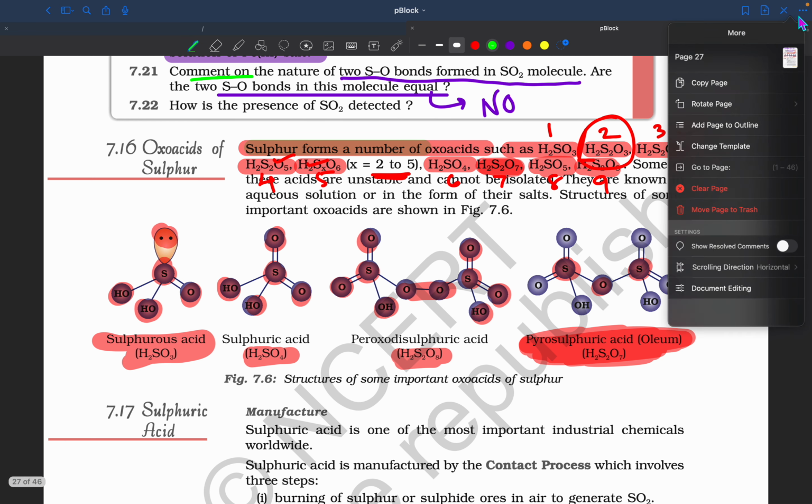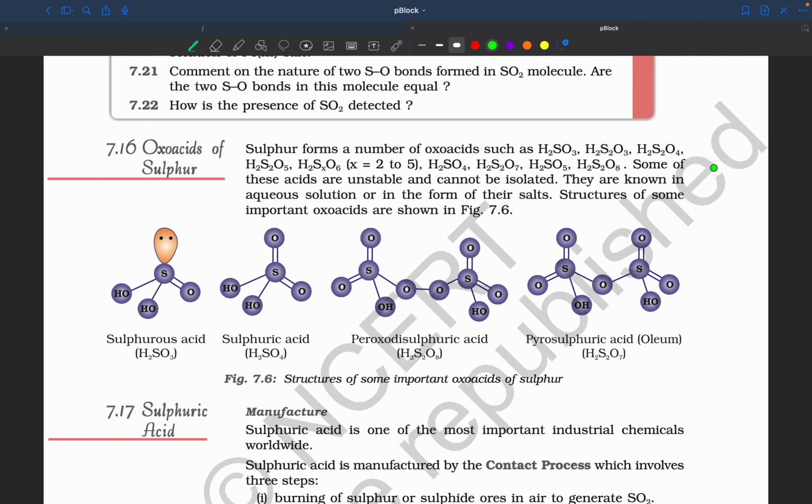Check once what all is given here. So sulfur acids are given here. Sulfur forms a number of oxo acids such as H2SO3 sulfurous acid, H2S2O3 thiosulfuric acid, dithionic acid, pentathionic acid, and here they have just said polythionic acid.